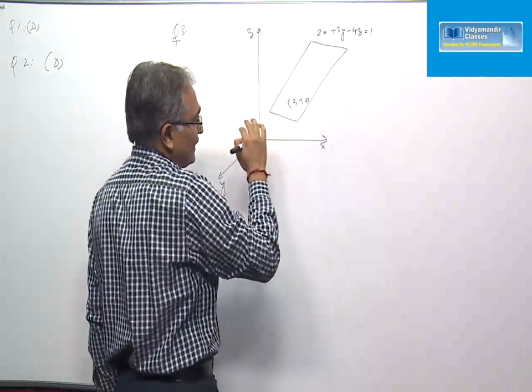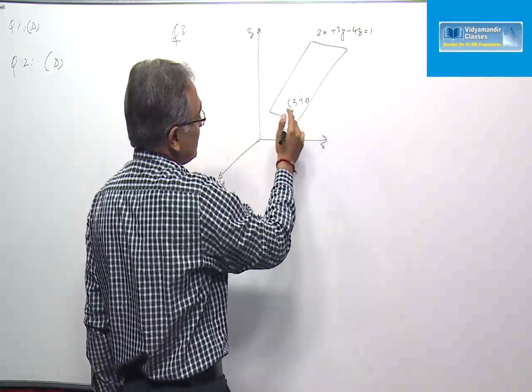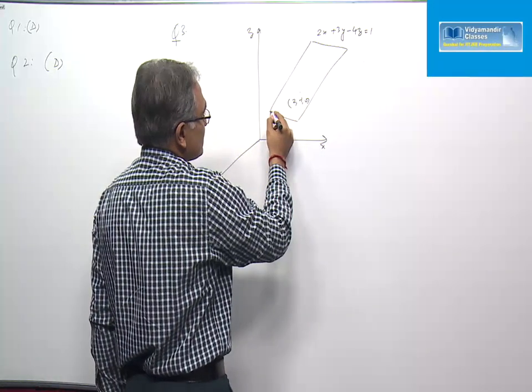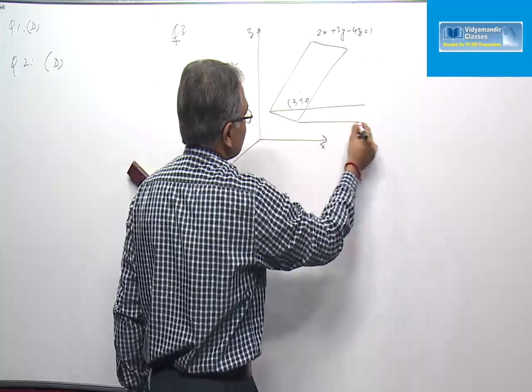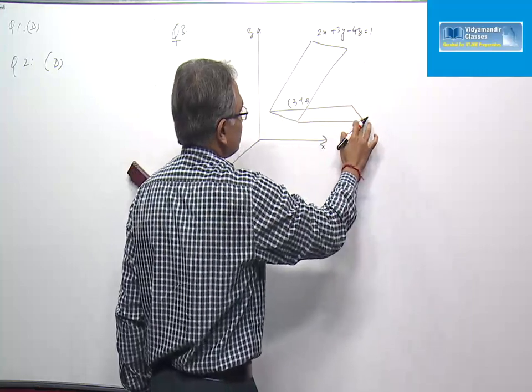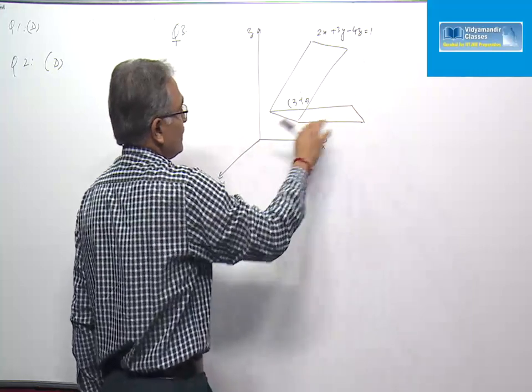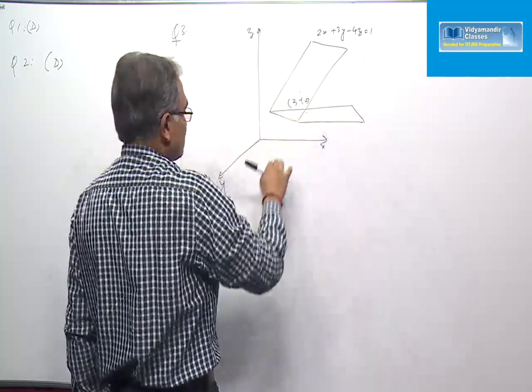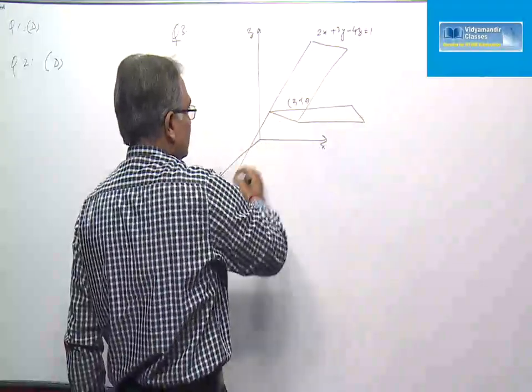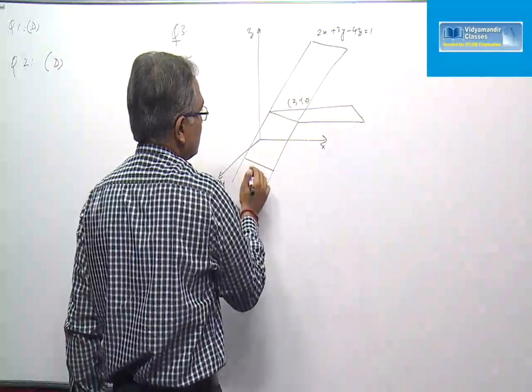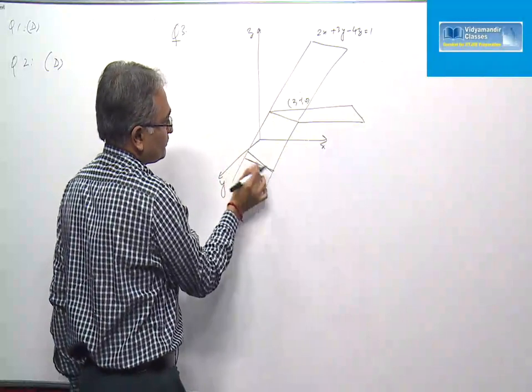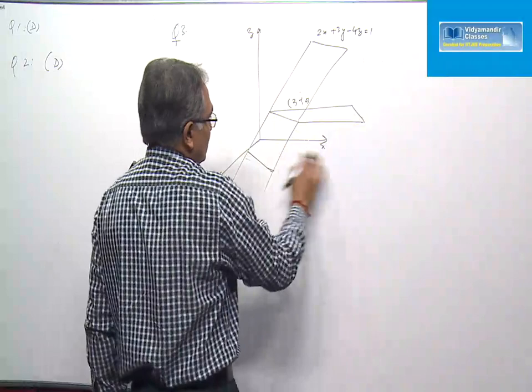Now, the line having greatest slope is defined as follows. Let's say there is a horizontal plane, that is a plane parallel to the xy plane, or you may take this as the xy plane.